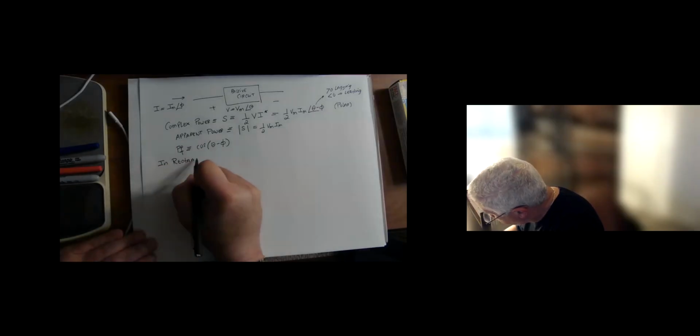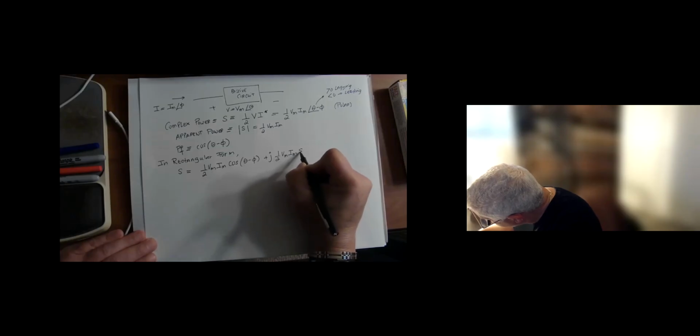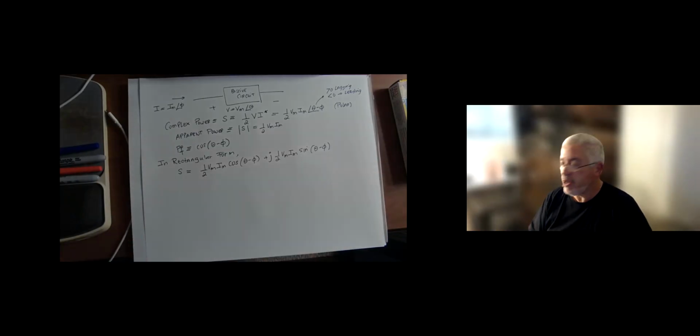If we convert it to rectangular form, S is equal to 1/2 Vm Im cosine of theta minus phi, plus j times 1/2 Vm Im sine of theta minus phi. So that's the complex power in rectangular form.